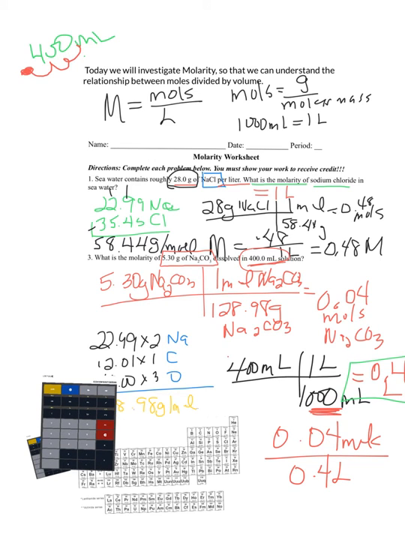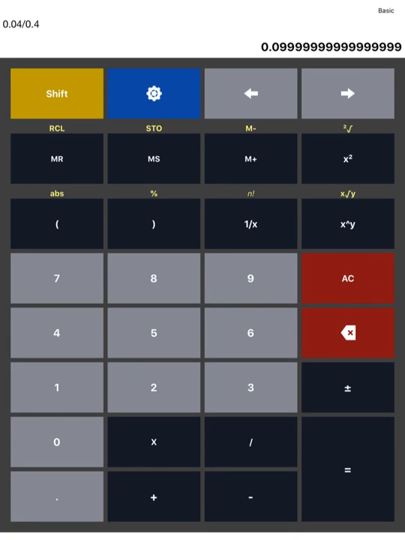When I put that in the calculator, this is what we end up with. Let me show you. It's going to end up all big. We'll reduce it. So 0.04 divided by 0.4 is equal to 0.09999.